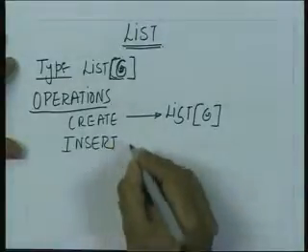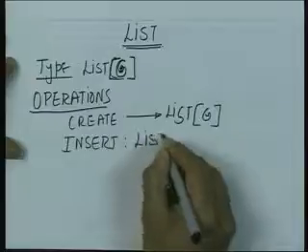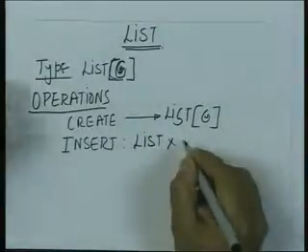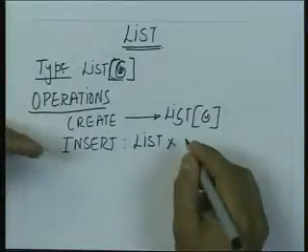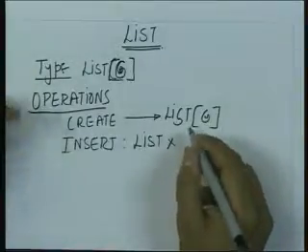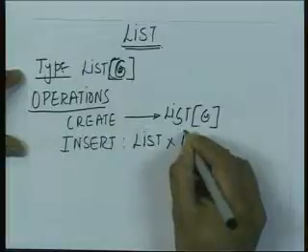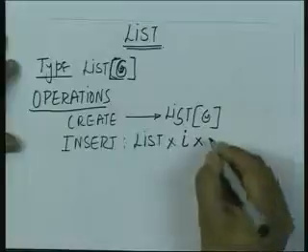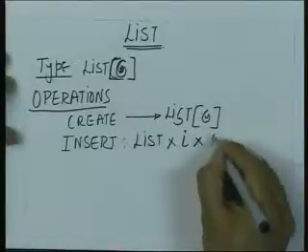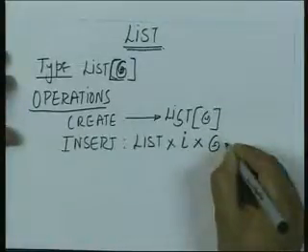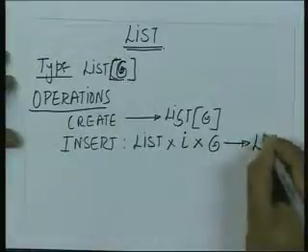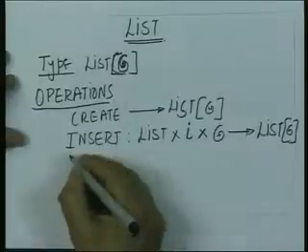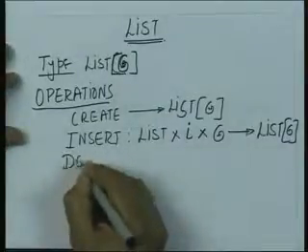The insert takes a few arguments. It takes a list, and it takes an index at which to insert, the notion of an insert being different from an append. It takes a particular index as to where this thing is being inserted, and it takes the item, G itself, the item to be inserted within the list, and it returns another list of type G.